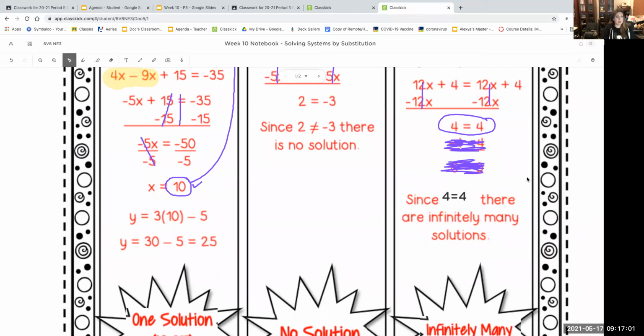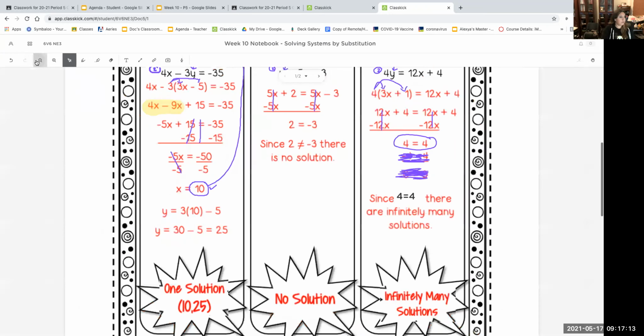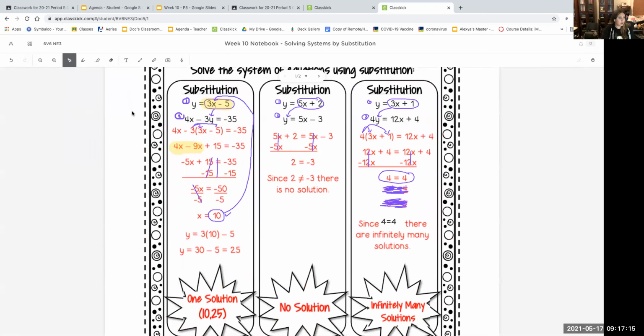That way it kind of looks like it was supposed to be like that. So let me zoom out for you guys. And it should look like that.